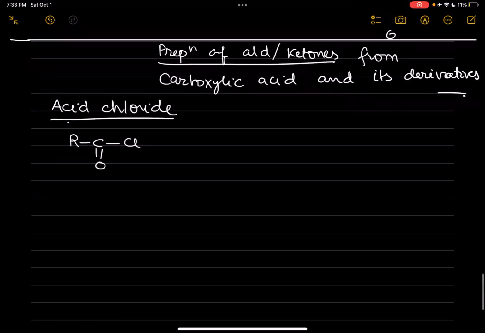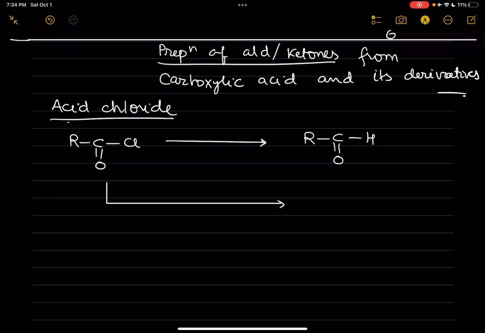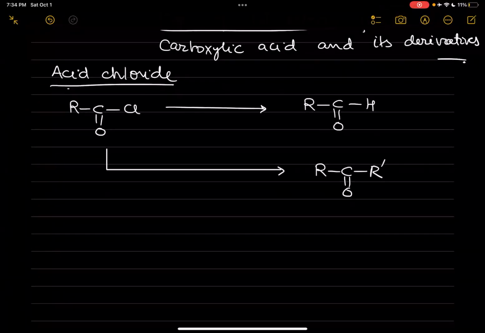So how you are going to convert it into aldehyde? That's the question. There are two different routes. One, you can convert it to aldehyde. Another one is you can convert it to ketone. So tell me how you can change it to aldehyde.